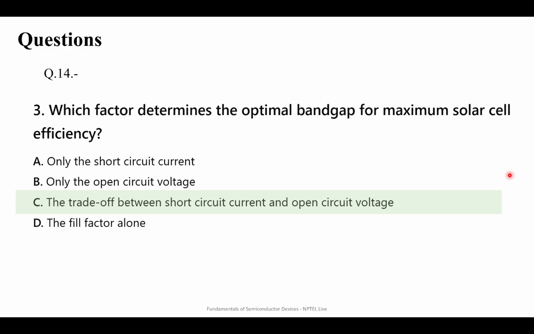Sir, if the band gap is increased, is the percentage fixed? No. I just want to say that in the Shockley-Queisser limit there will be a maximum percentage, which depends upon band gap and also material properties.